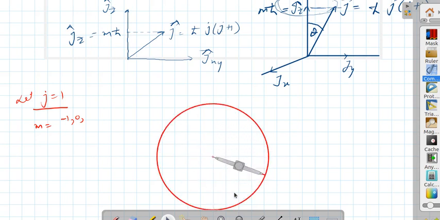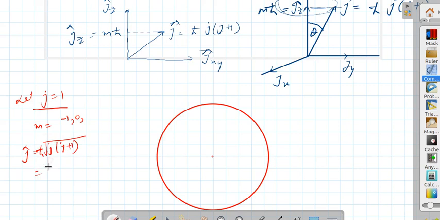So for j is equal to 1, the value of j will be root of j into j plus 1 times h cross.